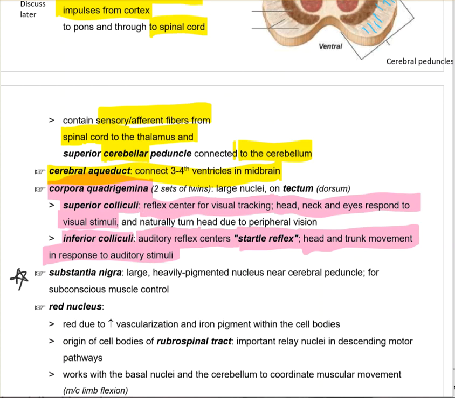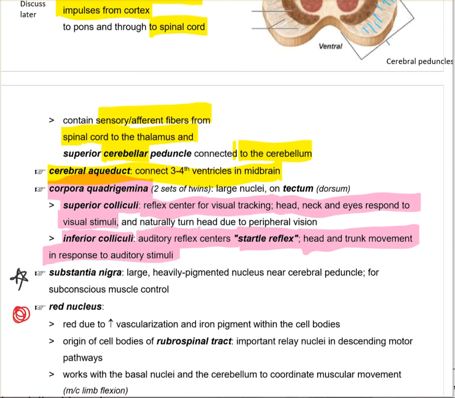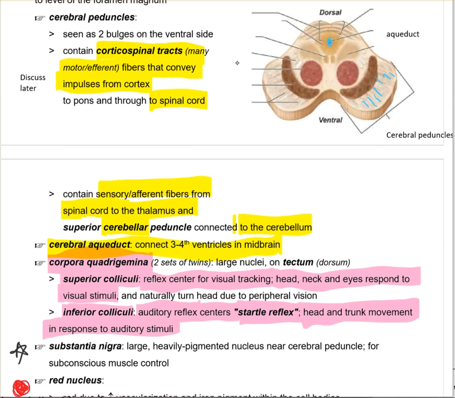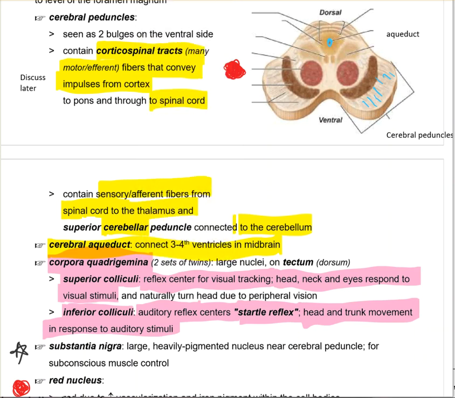Okay, and then we'll do one in a reddish color because it's called the red nucleus, and we'll put a little dot right there. Okay, so the red nucleus is this one right here, there's my little dot, and the substantia nigra is right below it, and the little star right there.